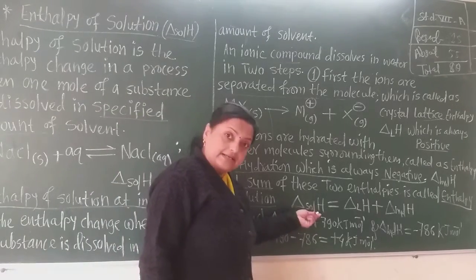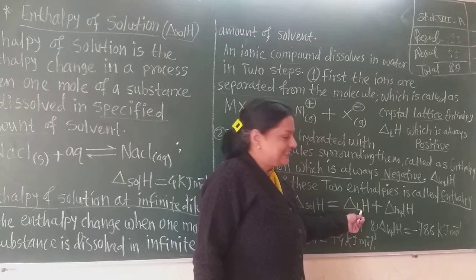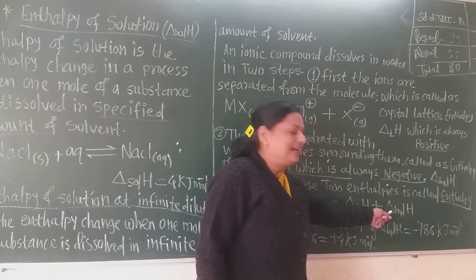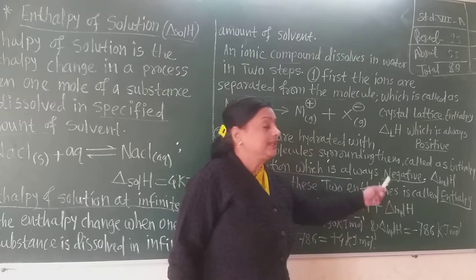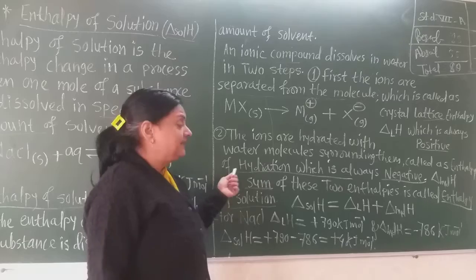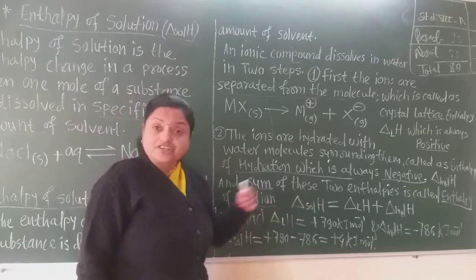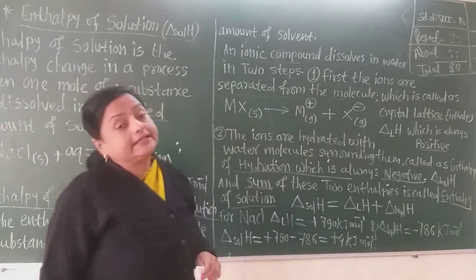Delta solution H is equal to delta LH, the crystal lattice enthalpy, plus delta hydration H, the hydration enthalpy. So the summation of these two enthalpies gives the enthalpy of solution.